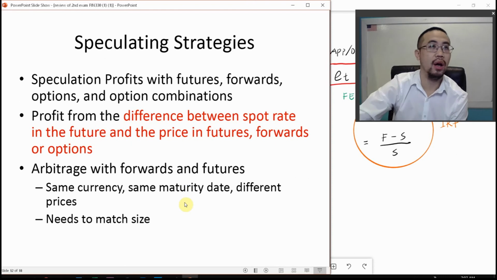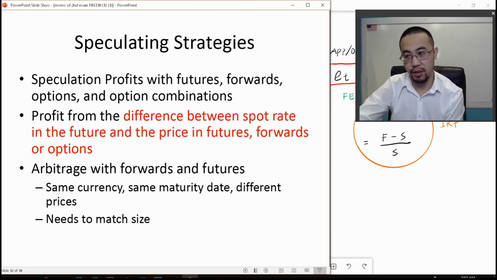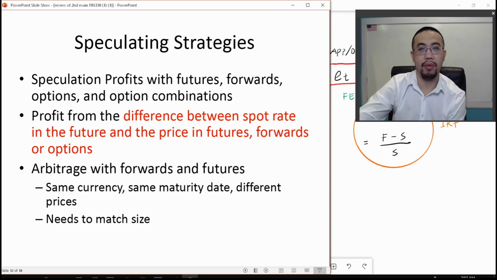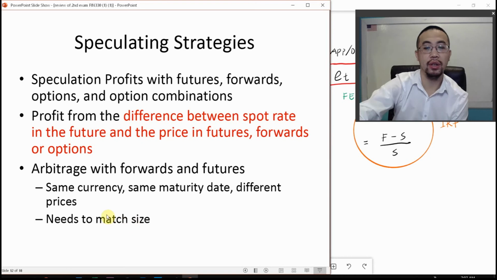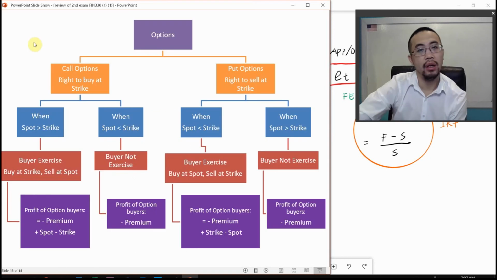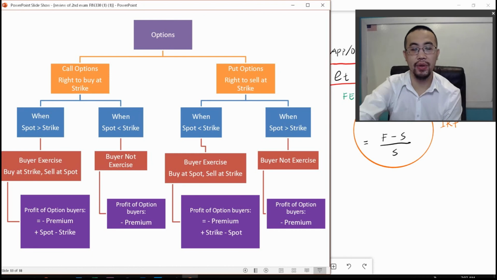So if you see two futures, you buy one and sell the other, and hopefully you can lock in a profit from the price differences of the two futures. This would be considered very easy and straightforward, just make sure the sizes match each other. All right, this would definitely be on your handout when you're doing the exam.